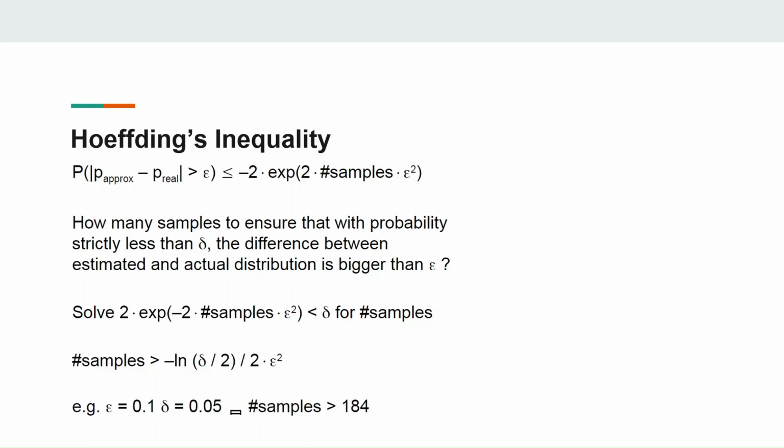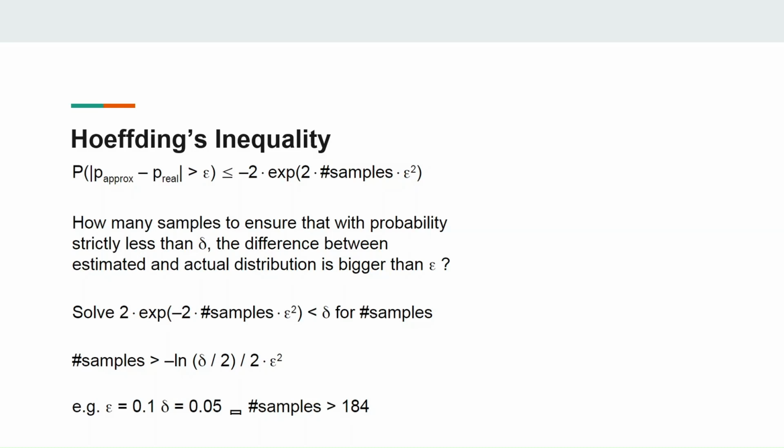Alright, so basically what we're doing is this. First and foremost, we're going to define what that symbol is. So we have P approximated minus P actual bigger than this thing, in absolute value, is equal to that random symbol that I never memorize what it means.